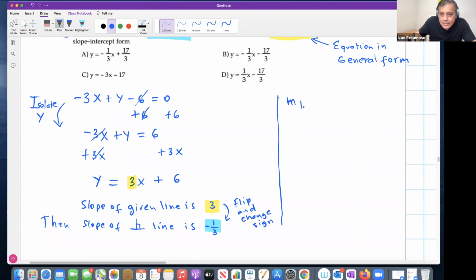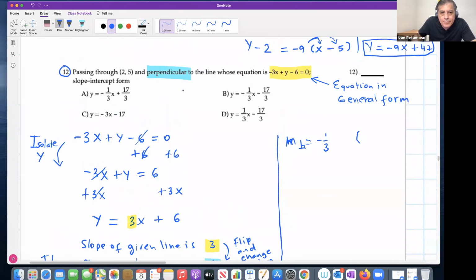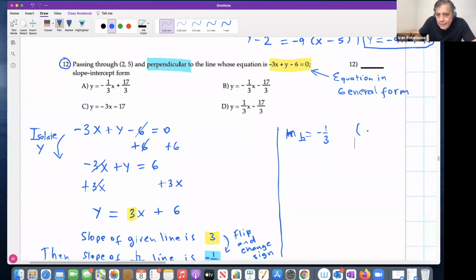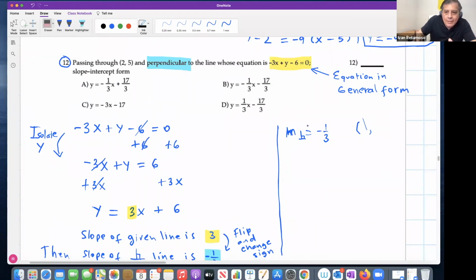Now, we have the slope minus 1/3. And we have a point, the point is given somewhere here, 2,5. But now what is left is simply to figure out the equation of this line, right? For that, I'm gonna use point slope form.